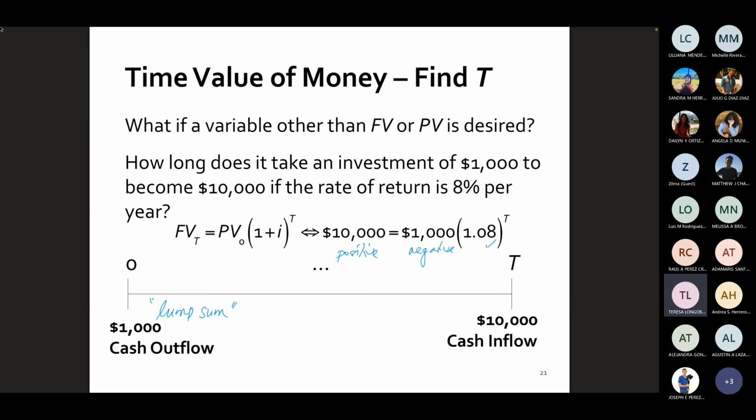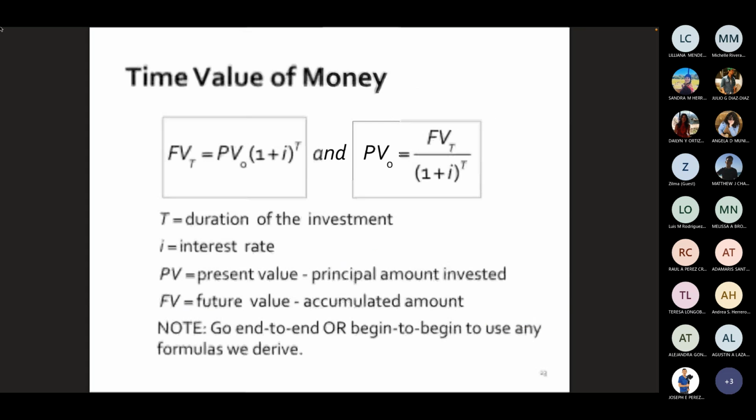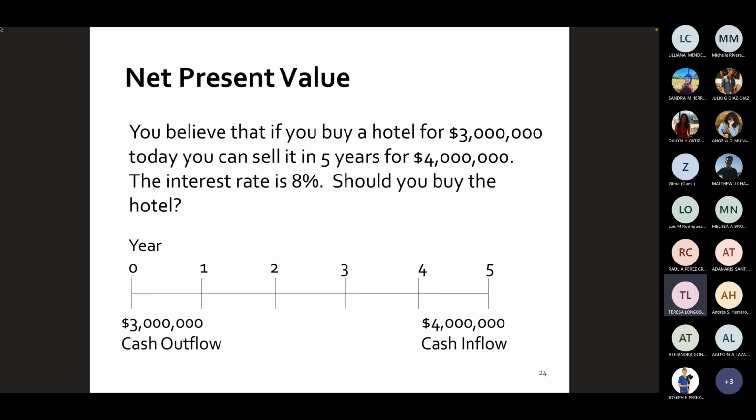So this is at the end of 0, this is the end of T. And we count T periods, duration. Or it could be the beginning of period 1 to the beginning of the period after T. It still would have the same calculation, same formula. Just got to be careful because these formulas are written in terms of end of periods. All right. Okay, any questions so far?